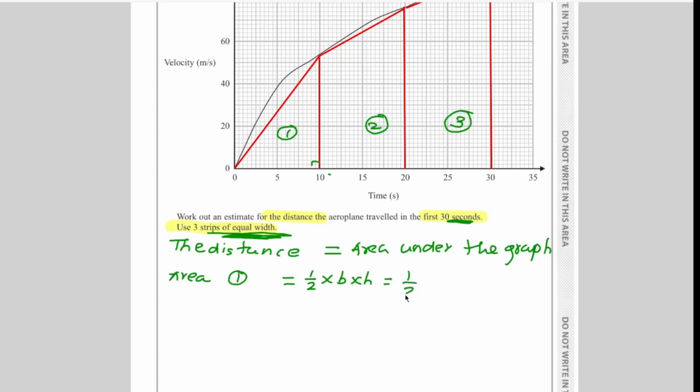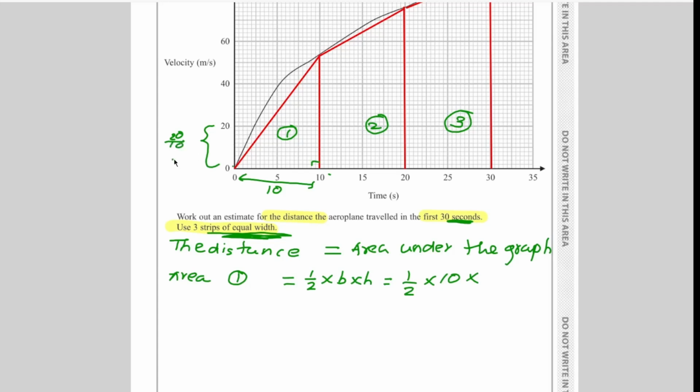The base is 10, this much is 10. Height is this much. How to get the height? You should know the scale. If it is difficult to get the value of one tiny square, we know that all the way from here to here is 20. How many squares are there from here to 20? 10 squares.